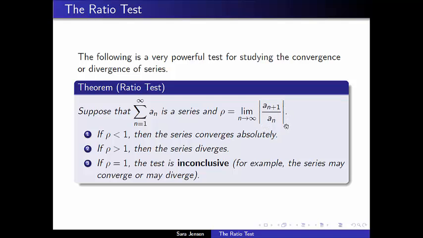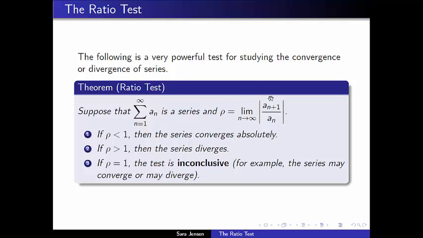Again, I need those absolute values because I'm making no requirements on whether or not these terms are positive or negative. So I want to throw some absolute value signs around the ratio of the next term to the current term. I want to find a formula that expresses that ratio, take its absolute value, and then look at the limit of that as n is going to infinity.